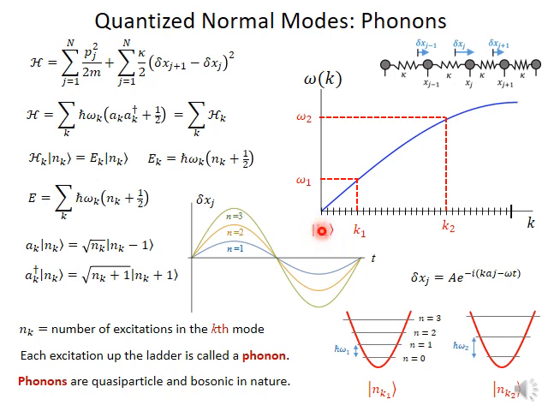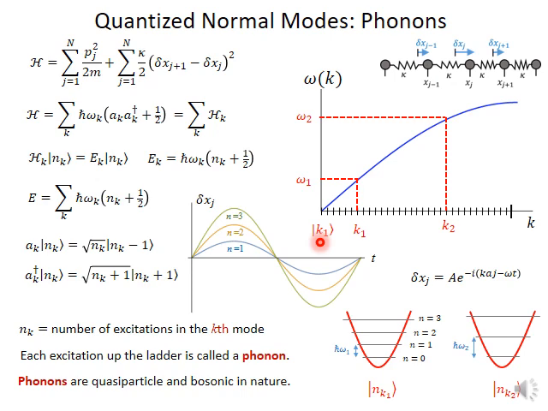But in this case, you can have a sub energy structure to that k given by this nk.